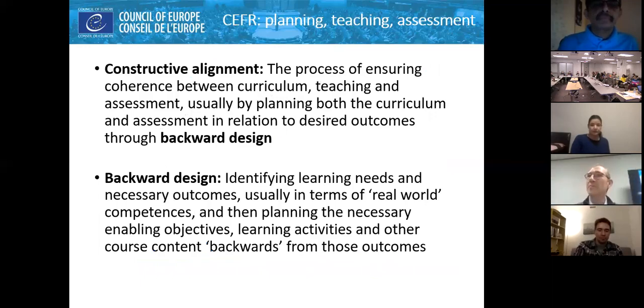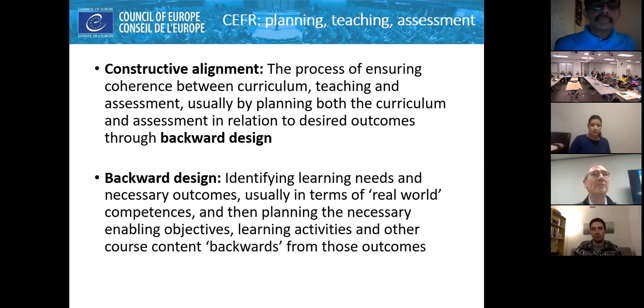This may come as a surprise to some of you, but traditionally those 3 things have been seen more or less separately. The connections between a curriculum and what teachers actually do in class has traditionally been pretty tenuous. And the connections between what happens in class and what in assessment happens, there's often been absolutely no relationship between the two, unless people start teaching to the test and just teaching exam questions.